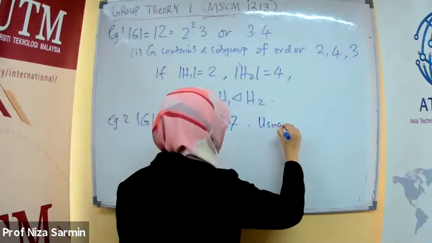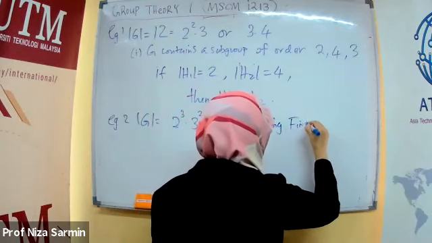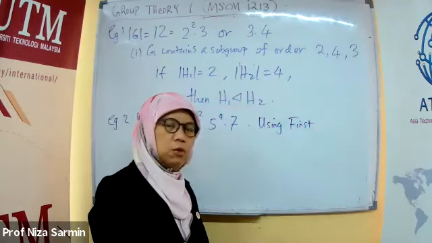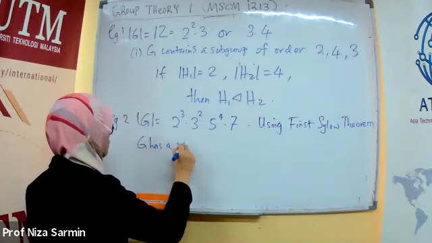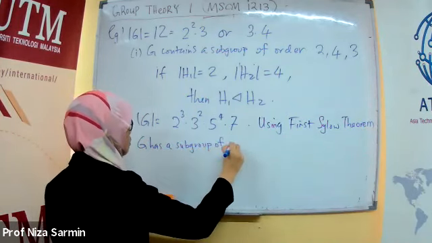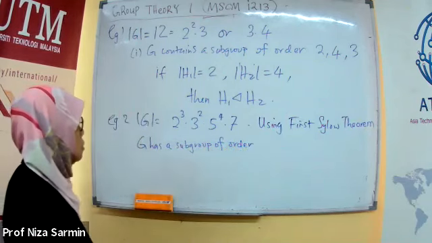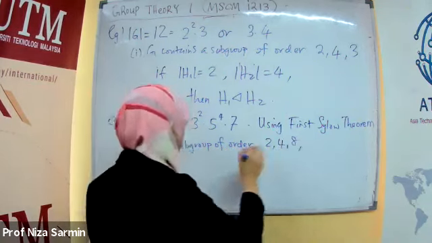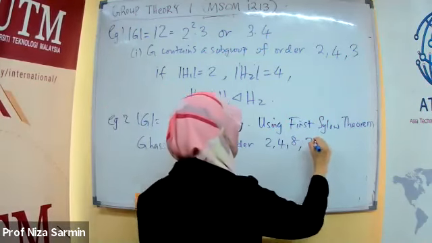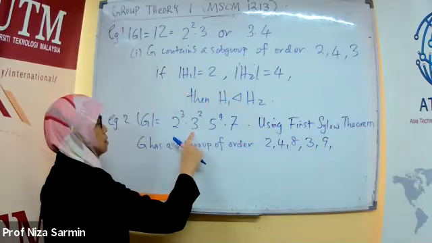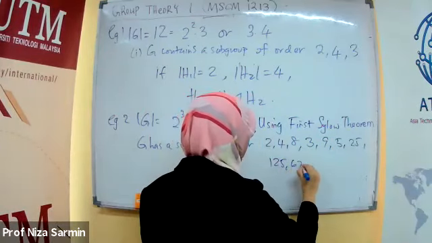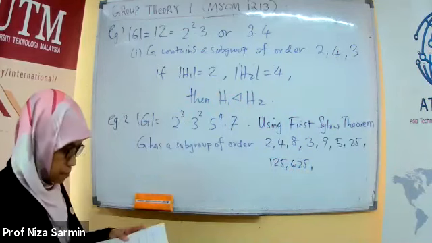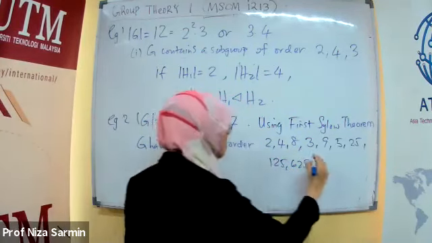Using, sometimes we call it the first Sylow theorem, sometimes Sylow's first theorem, G has a subgroup of order 2, 4, 8, 3, 9, 5, 25, 125, 625, and 7.